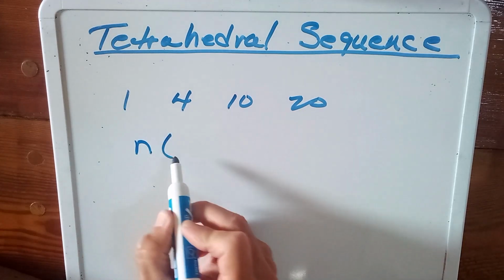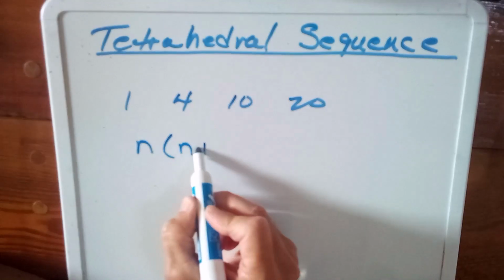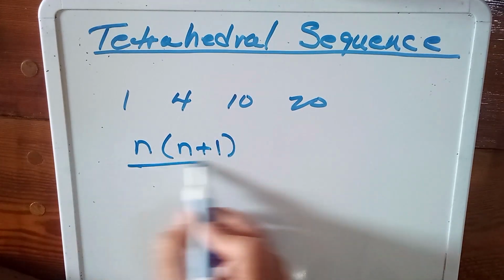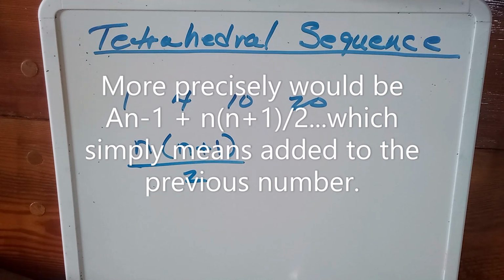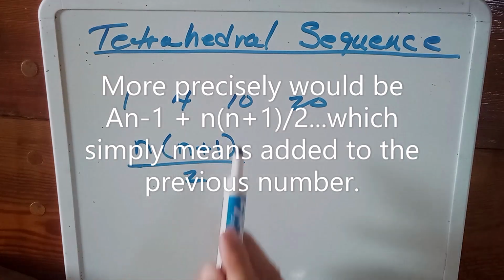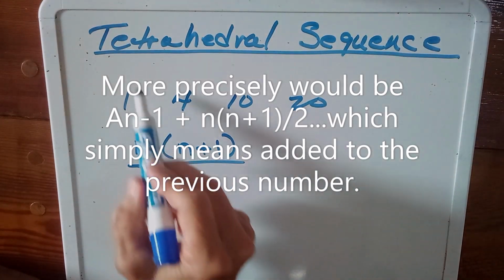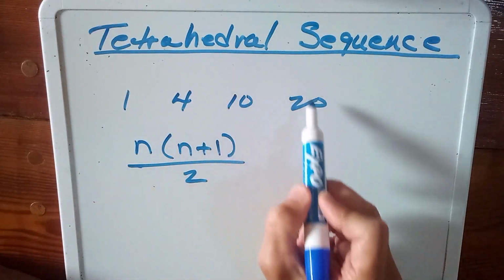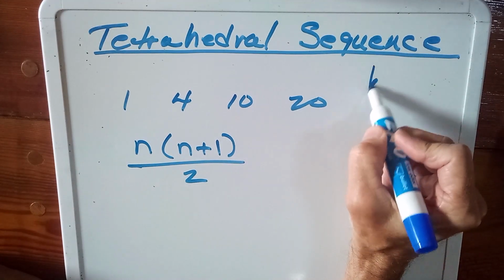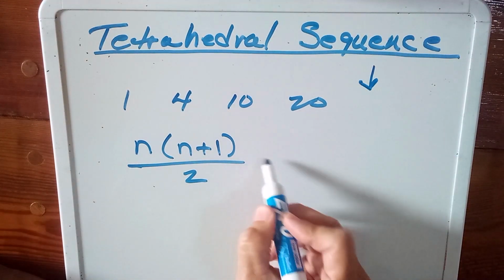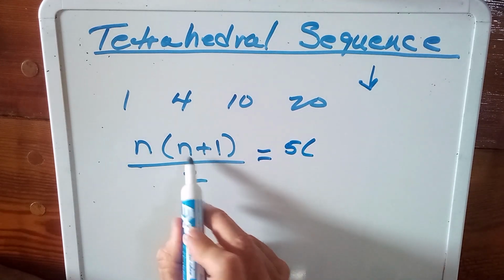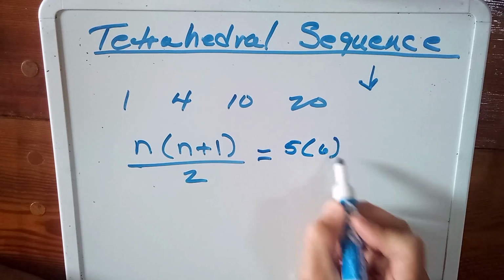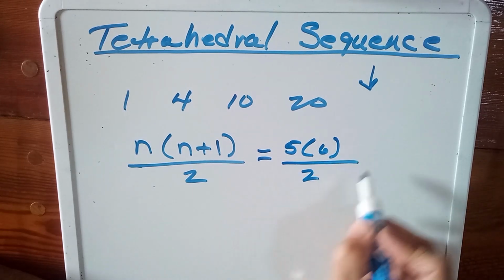It's the number I'm looking for, n, times n plus 1, divided by 2. So if I'm asked what is the fifth number in the tetrahedral sequence of 1, 4, 10, 20, well, this is position 1, 2, 3, 4. The fifth number would be right here. So that is going to be 5 times 5 plus 1, which would be 6, over 2.